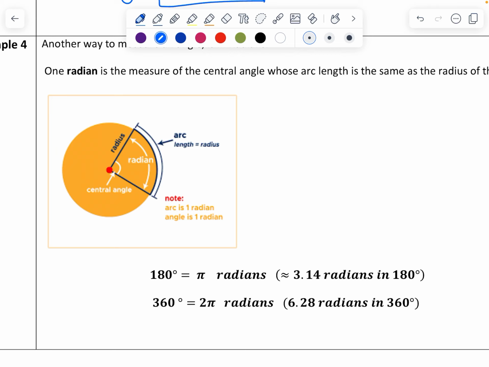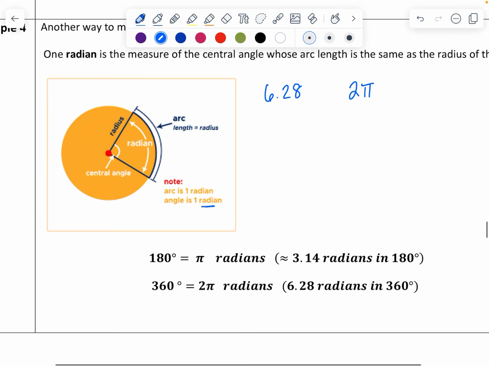The radius fits about 6.28 times, which is actually exactly 2 pi. So there are 2 pi radians in a full 360 degrees. The radius is the radian, so an arc length of 1 radian is equal to the radius measurement.